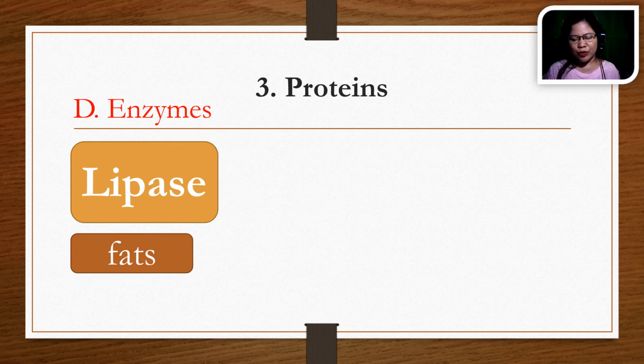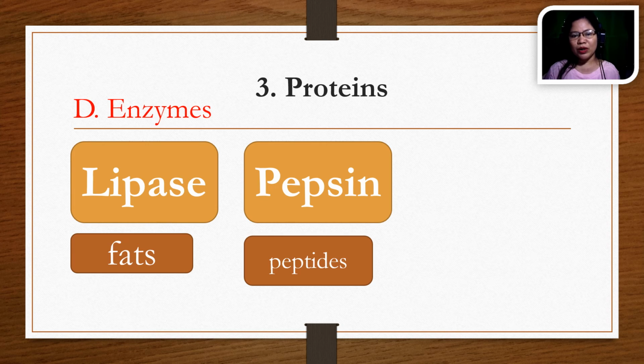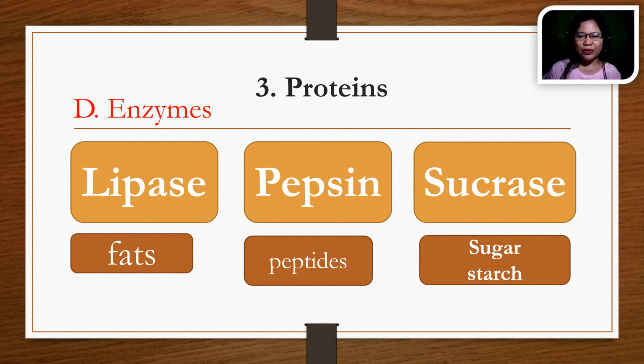Then, of course, it breaks down fats into fatty acids. Then another one is pepsin. It also helps in breaking down proteins into peptides or very small units. And you have also there the sucrase, also called the invertase, which helps in the digestion of sugar and starches. So these different enzymes help in the digestion process.